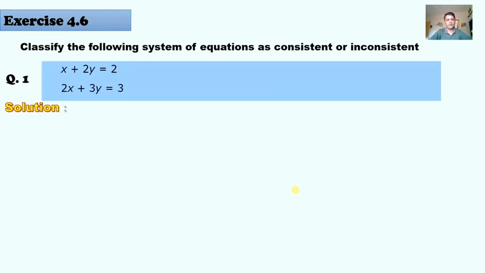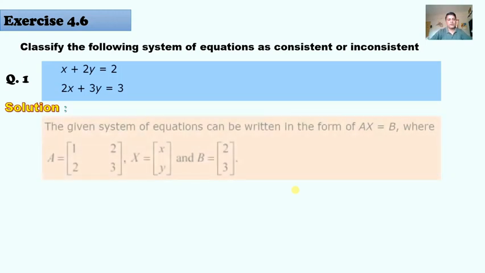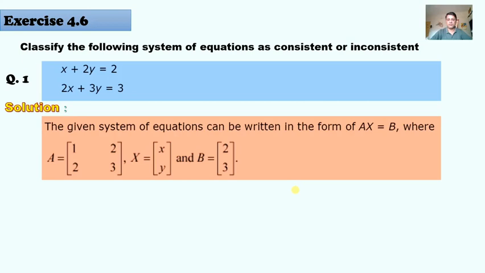For the solution, the given system of equations can be written in the form AX equals B, where A is [1, 2; 2, 3], X is the column matrix of x and y, and B is [2; 3].